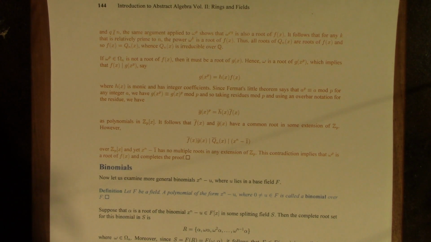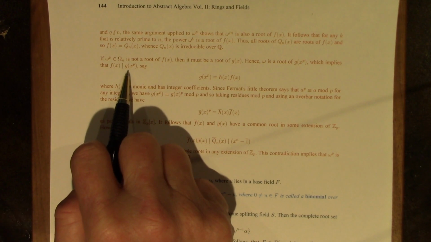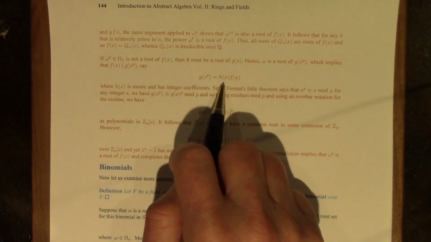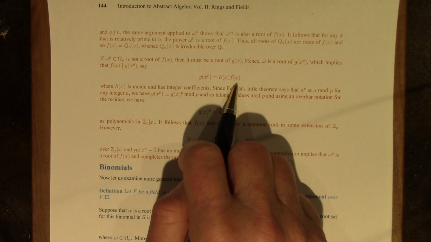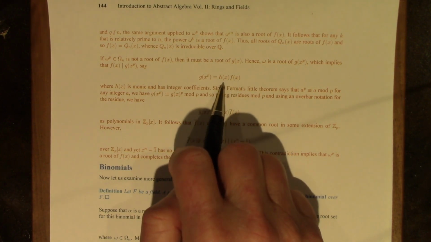F of x is assumed to be irreducible, an irreducible factor. It has root omega, which makes it the minimal polynomial for omega. And so it divides any polynomial that has omega as a root. So g of x to the p looks like h of x, f of x, where h of x is monic with integer coefficients.